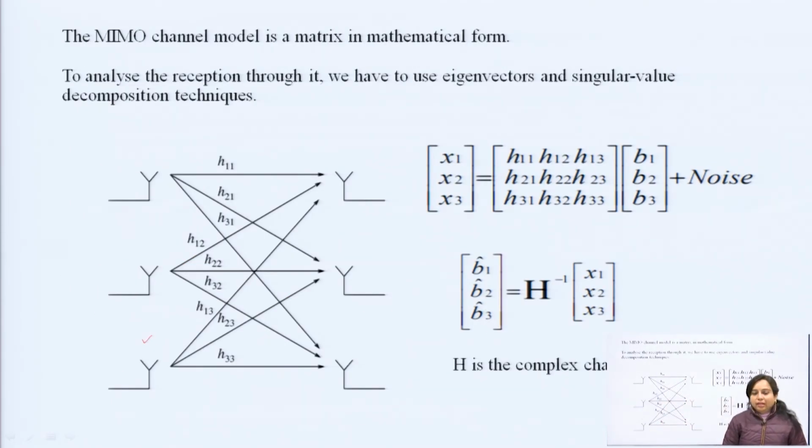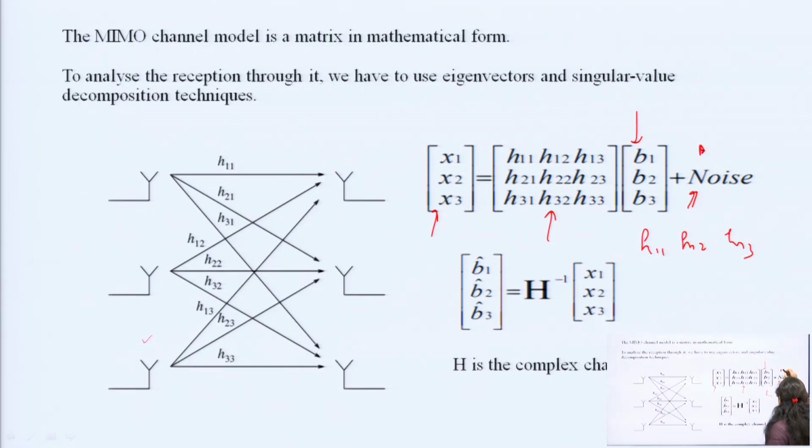Now, the MIMO channel model is a matrix in mathematical form. You can see that we have considered the H matrix. So, there are different parameters of the H matrix like H11, H12, H13, H21, H22, H23, H31, H32, H33. So, these are the different input signals. This is the H matrix, these are the weight functions, plus the noise.